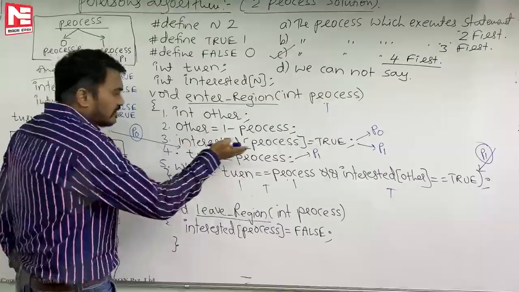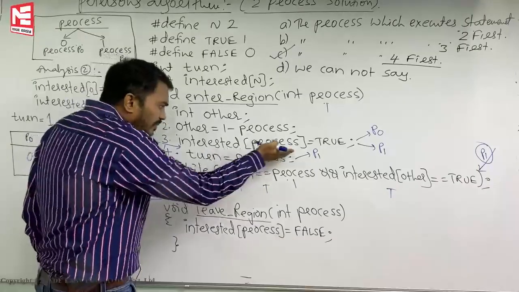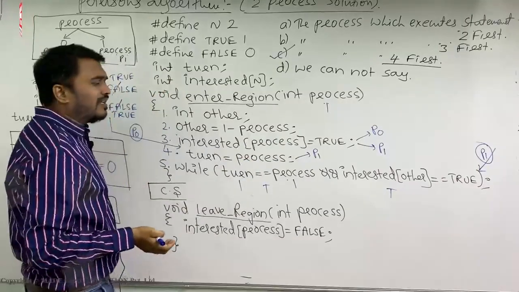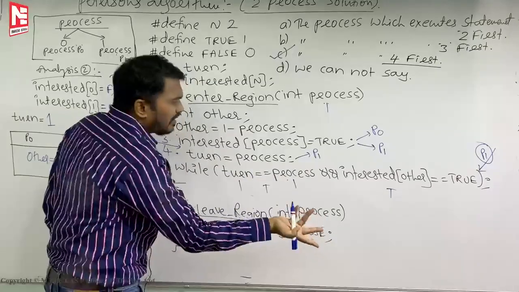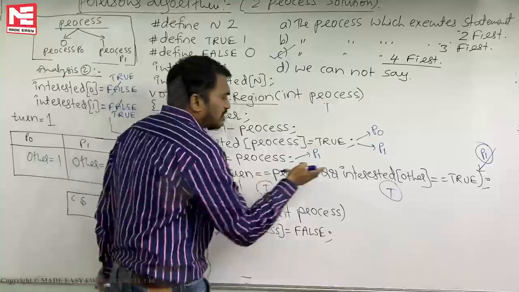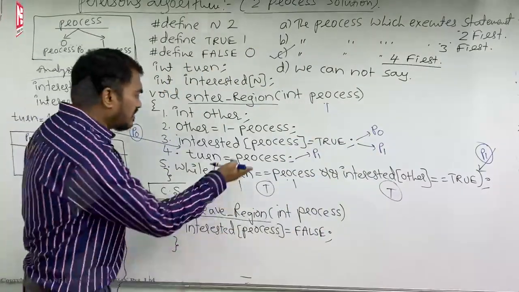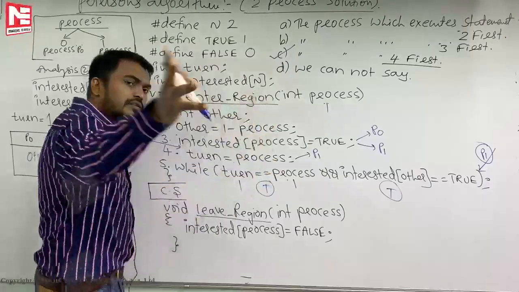P1 executed statement 4 first, but P1 is not going into the critical section now, because this is true and this is true, the entire condition is true. P1 will stop there.